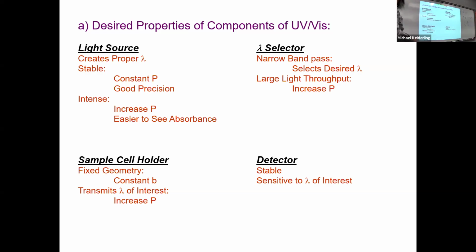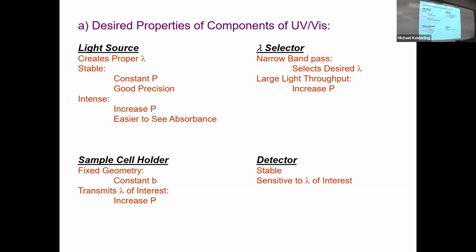And you want to make sure that your sample cell transmits the wavelengths of interest. It would be bad if your cell absorbed what you were trying to observe. So if you'd like to see shorter wavelengths, you can't use a plastic cell. You have to use a quartz cell, because quartz is transparent down to shorter wavelengths, higher energy, while plastic will absorb it.